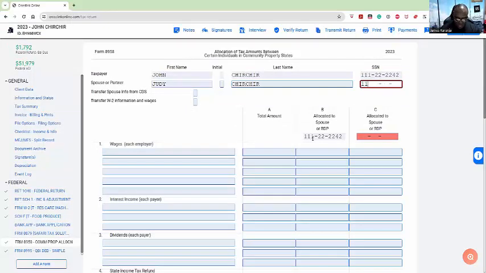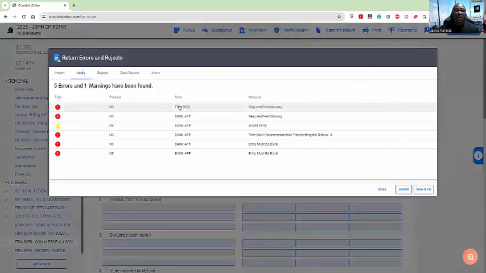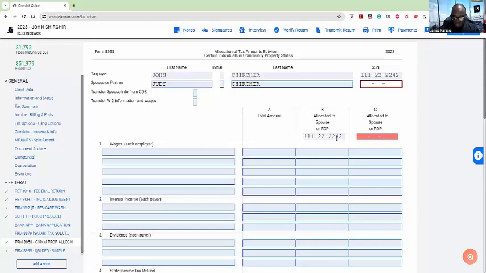1, 2, 2, 2, 2, 4, 4. Oops. Okay. All right. So the W-2 for the spouse is 111 222.